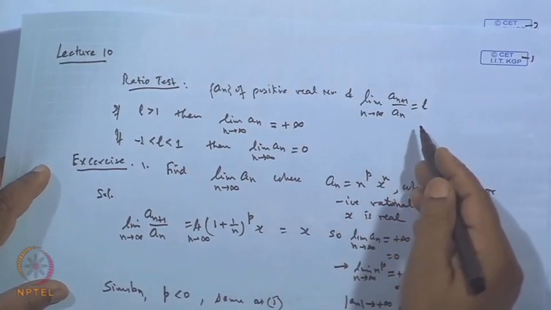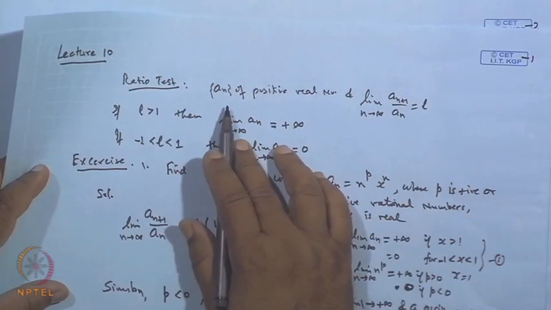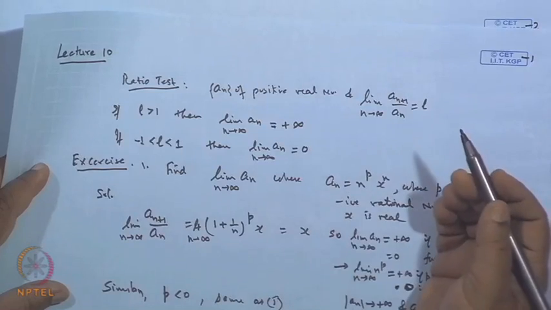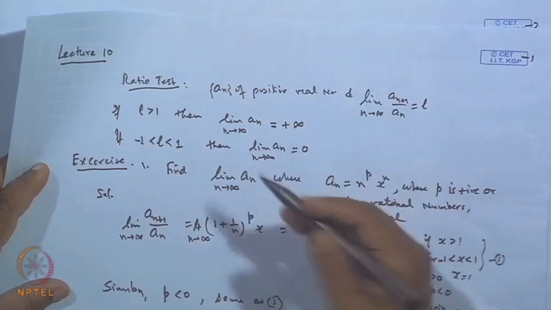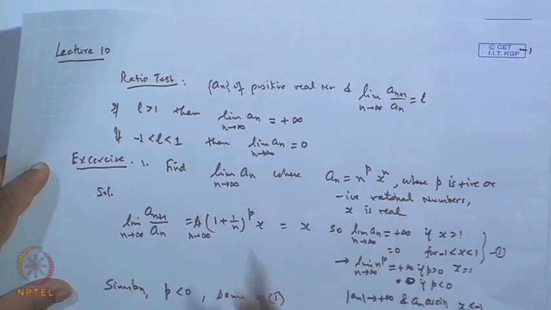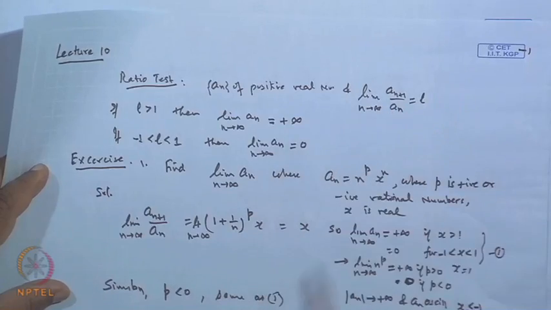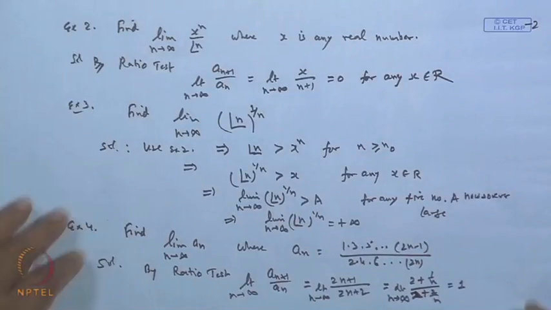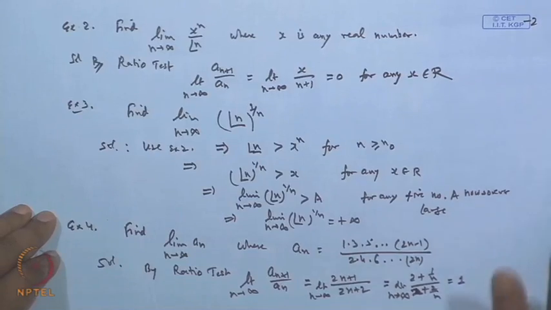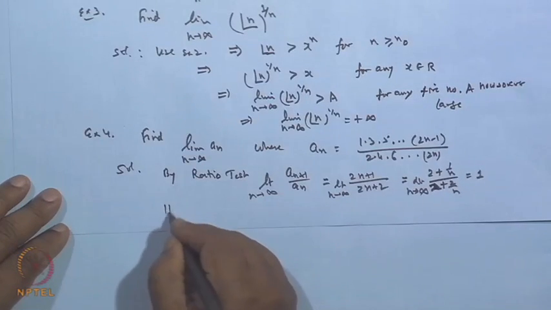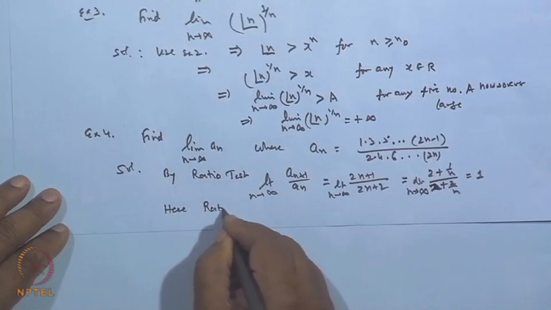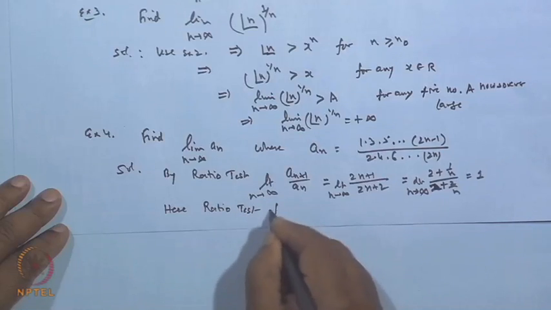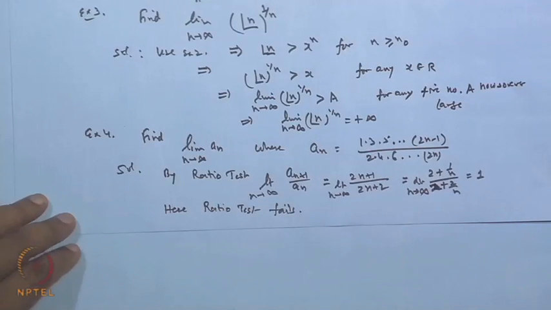When L is 1, the sequence a n may or may not converge, because it depends on the type of the sequence. We cannot say the limit is 0, infinity or finite. We have to compute that. So, here the ratio test fails.